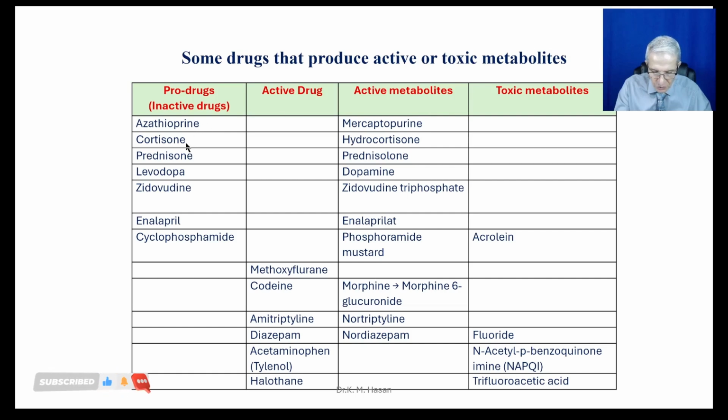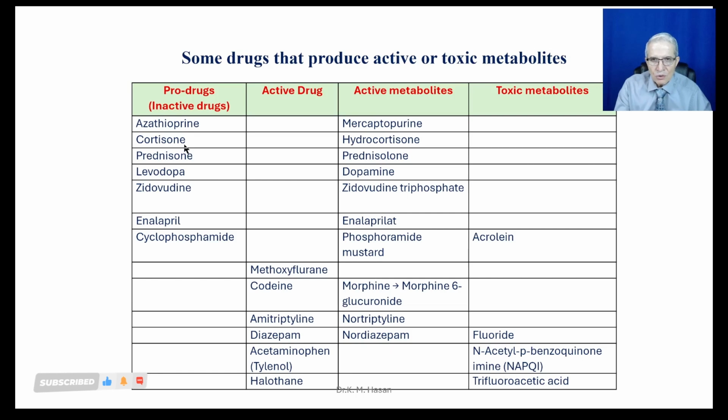For example, I will go with enalapril, a medication for blood pressure. This will be activated to enalaprilat. We have zidovudine for HIV, for treatment of AIDS. This medication is inactive and should be metabolized by the liver to zidovudine triphosphate.